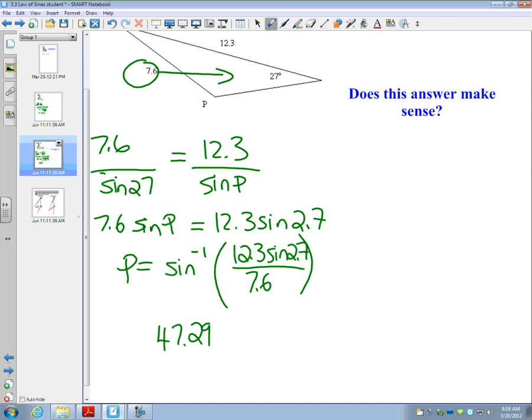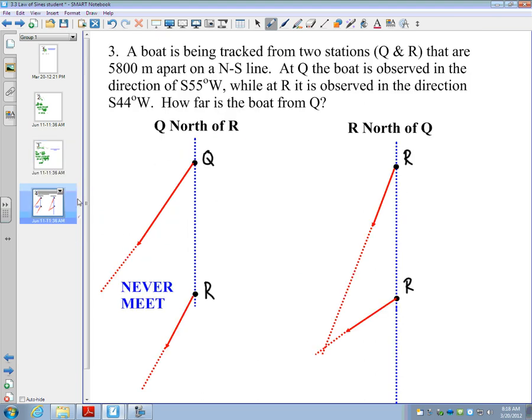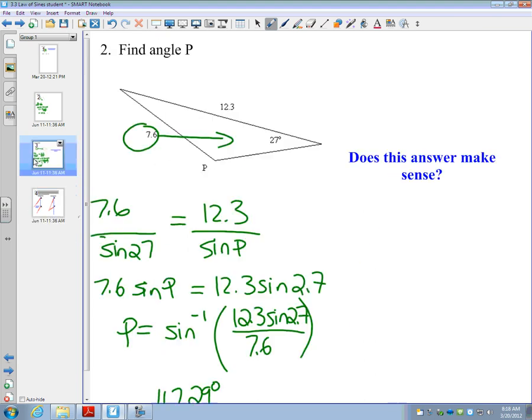When you put this in your calculator, what you're going to get for P is 47.29 degrees. However, you must look at this triangle. Either somebody drew this incorrectly, or you can see that this angle is obviously bigger than 47.29. So the thing about sine, looking at our coordinate system, sine is positive in both the first and the second quadrant.